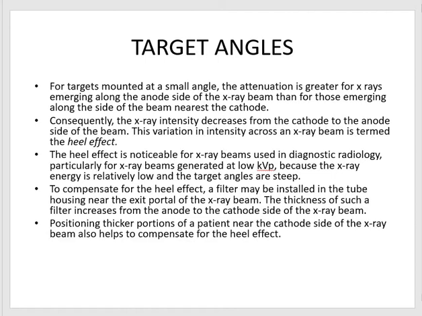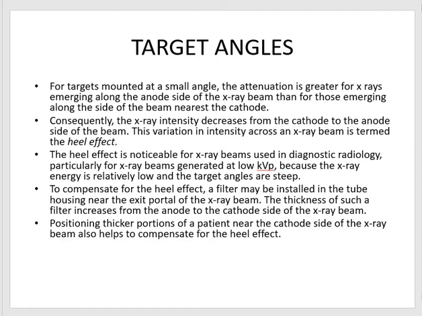A filter is normally installed in an X-ray tube to compensate for the unevenness of the X-ray field intensity. This filter comes in varied thickness, from the thicker side at the anode end to a much thinner side at the cathode end.